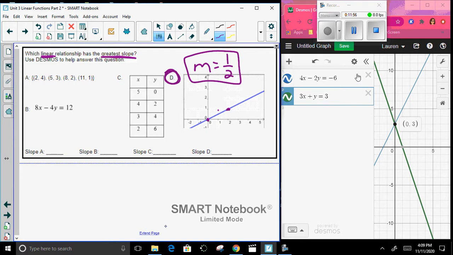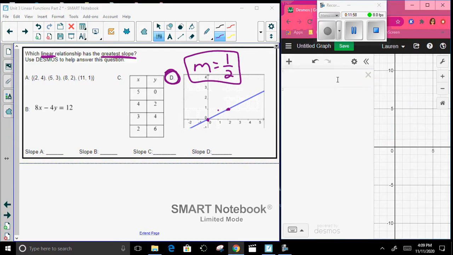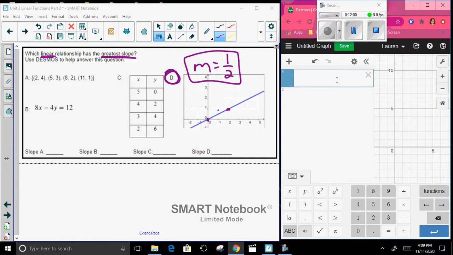So let's go to Desmos, clear out what I have, and I'm going to put those points in. All right, so let's see if I could do it this way. I'm putting each one in. I don't have brackets on here, so I did just a set of parentheses, then another set of parentheses.